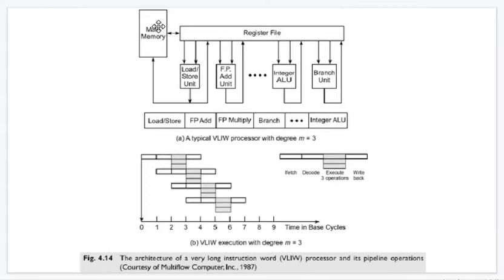See here, one main memory will copy data into the register file. Register file means register bank; you can think R0 to R12, or AX, BX, CX, DX in 8086. If the instruction is load store type, it will execute in the first unit. If the instruction is floating point addition, multiplication, division or subtraction, each has its own unit.